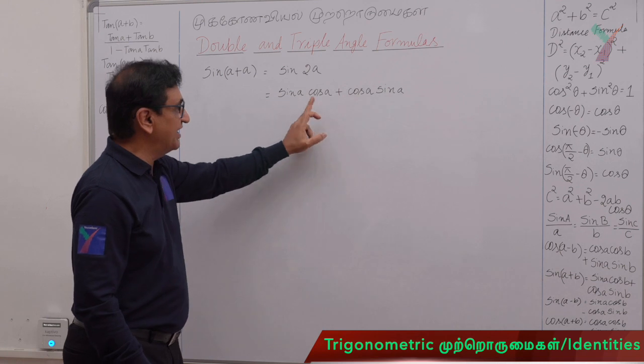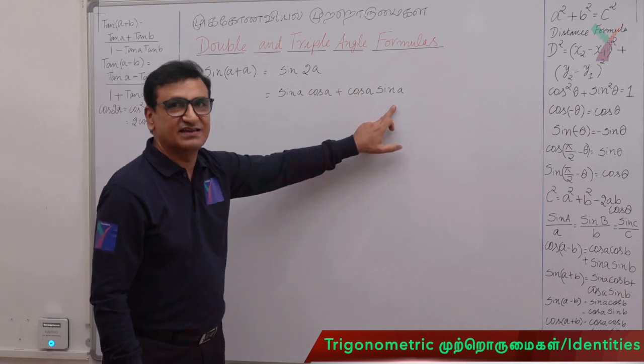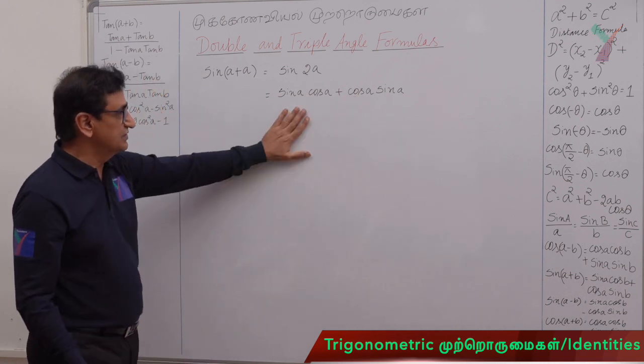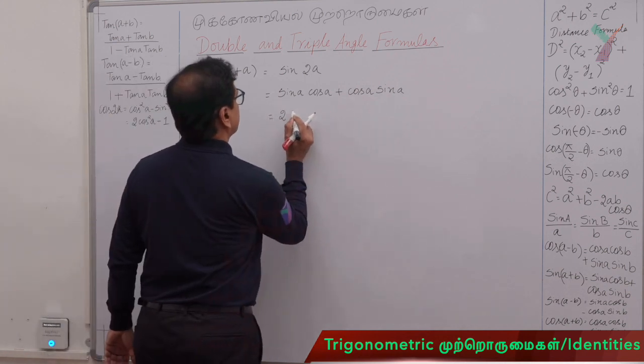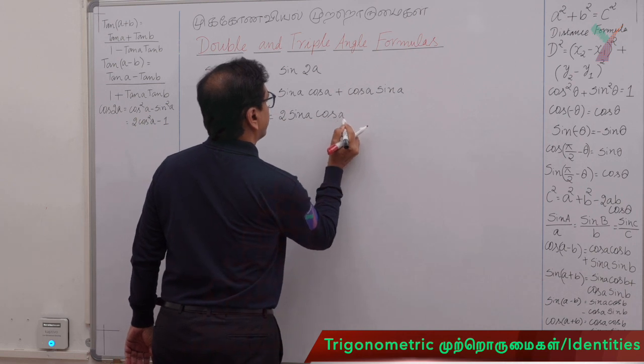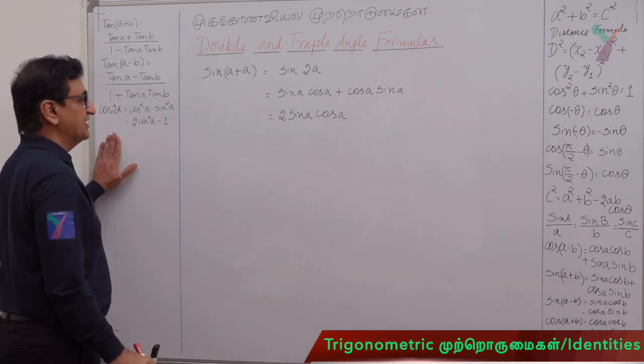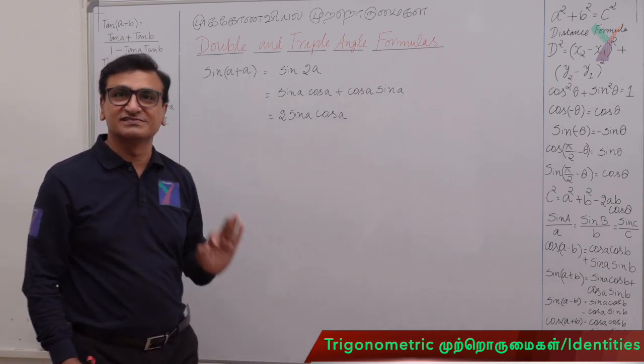Because you have sin A cos A here, and cos A sin A here, so it's just the other way around. So this will be 2 times sin A cos A. So sin 2A is 2 sin A cos A.